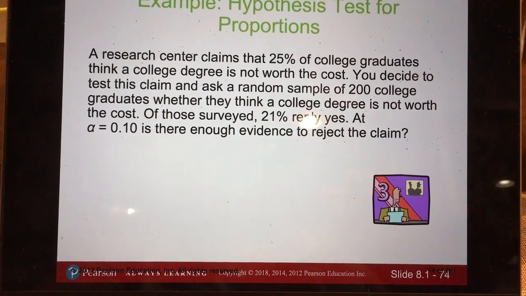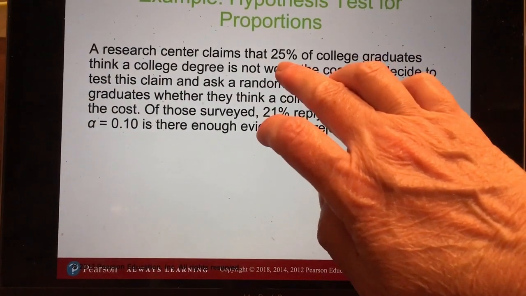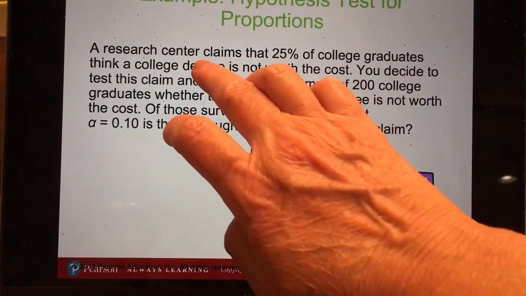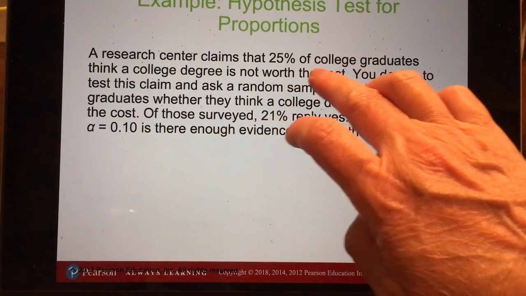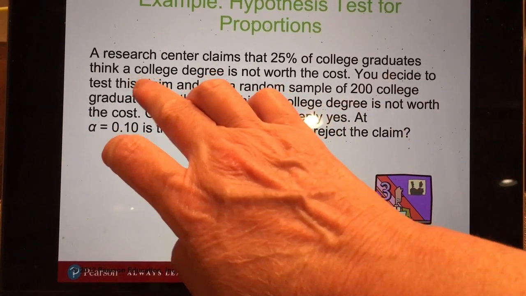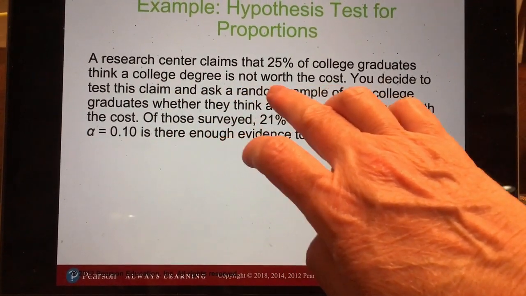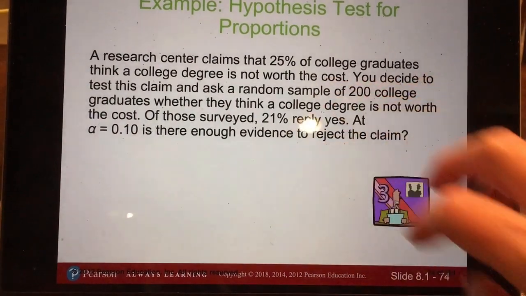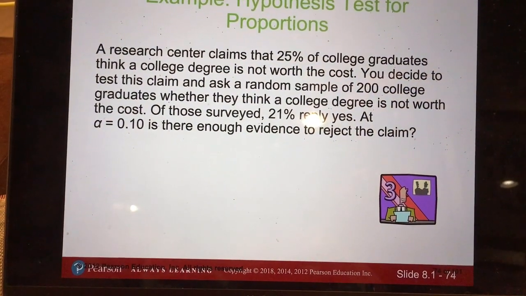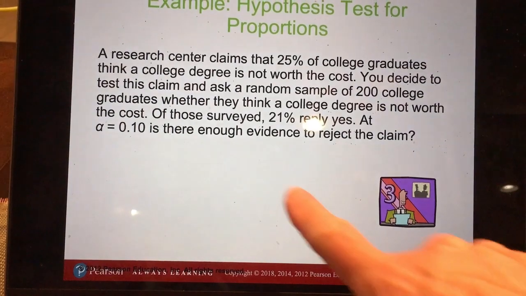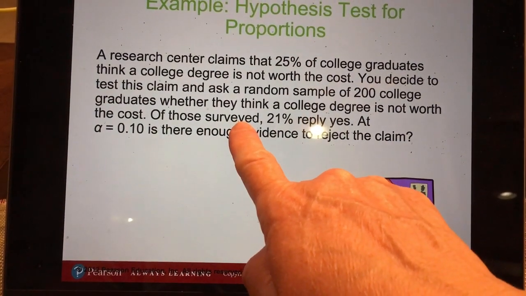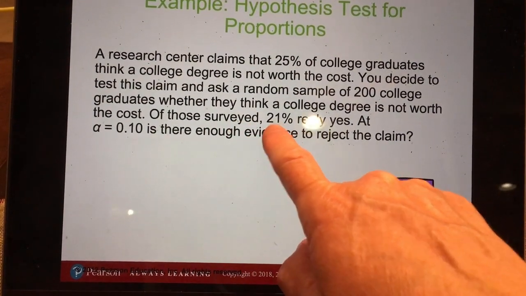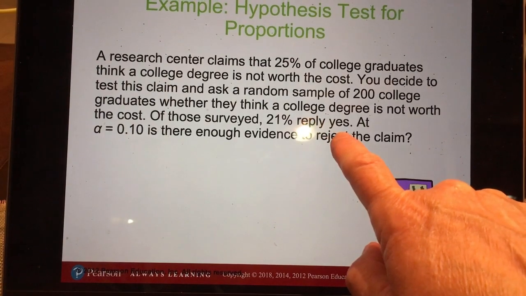All right, so now we've got 25%. The claim is that 25% of college graduates think a college degree is not worth the cost. So that is the claim. Of those surveyed, 21% reply yes.